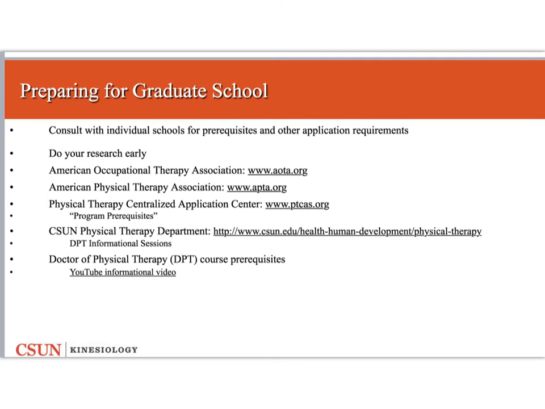If you want to get some information about our program here at CSUN, they have informational sessions regularly throughout the year. You can go to their website and attend one of those sessions, and they give you really good information that tends to be general information that's true for most programs, although every program is slightly different. So you need to find out where you plan to apply and look into the details for each of those programs.